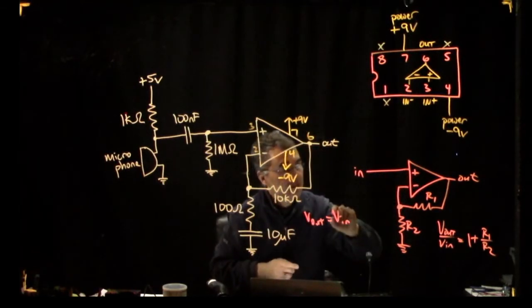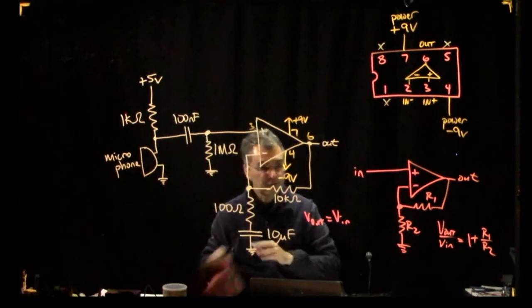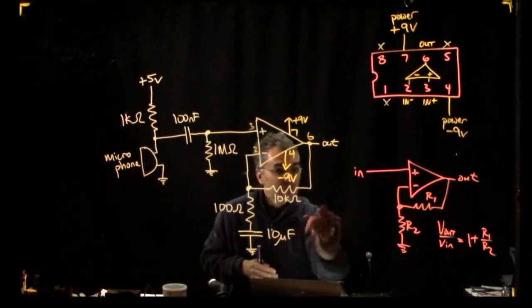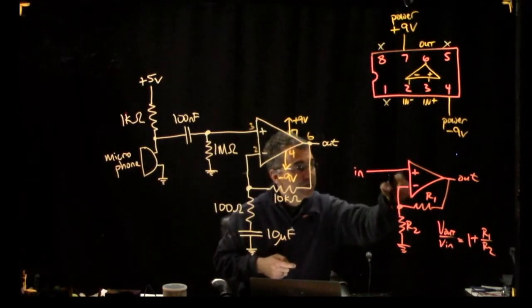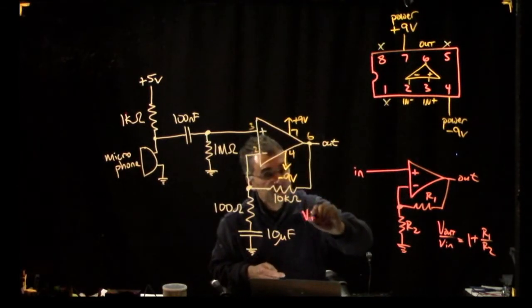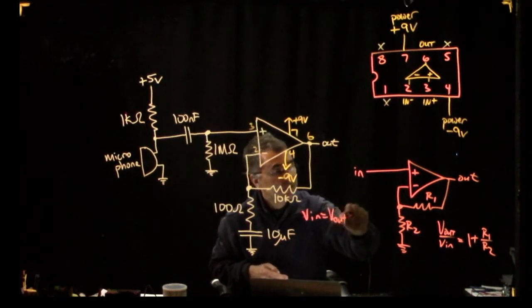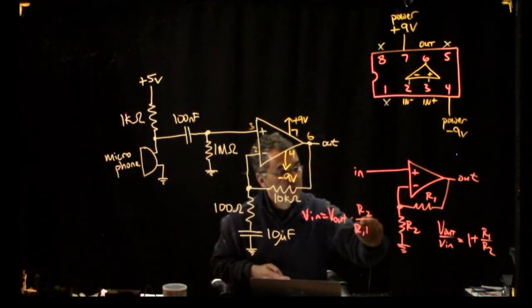V in is V out, right, I wrote it backwards. So you say what appears here is going to be made equal to V in by feedback. So V in equals V out times the voltage divider result, R2 over R1 plus R2.